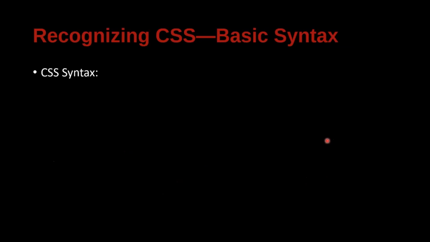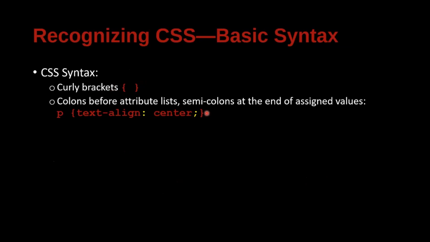So CSS syntax: when you see these curly brackets, that's a sure sign you're dealing with CSS. When you see colons before attribute lists and semicolons at the end of assigned values, that's also a sure sign you're dealing with CSS. So notice here you've got a tag. Again, we recognize that, we just talked about P. We know that's an HTML paragraph tag, but in this case, we're using P in the context of CSS, and that curly bracket lets us know.